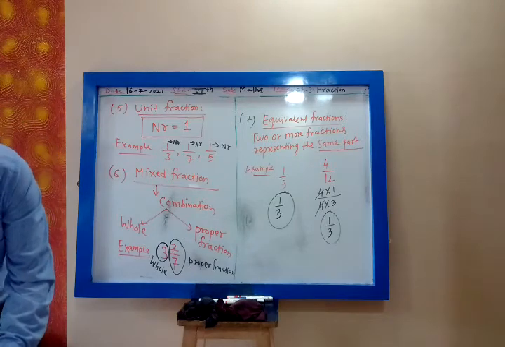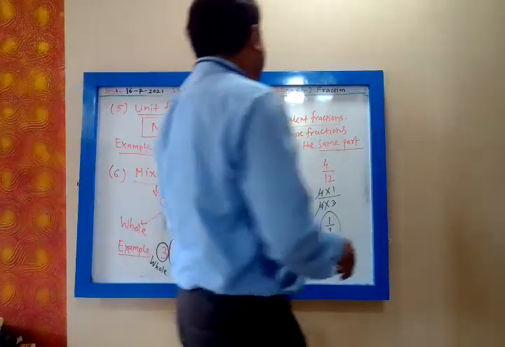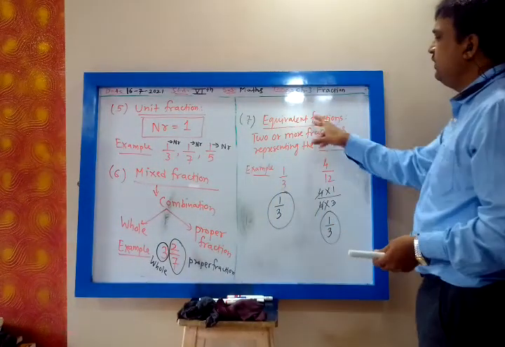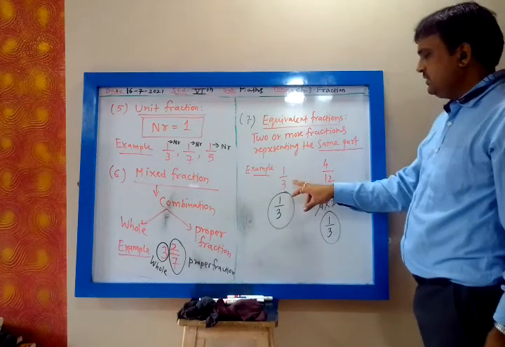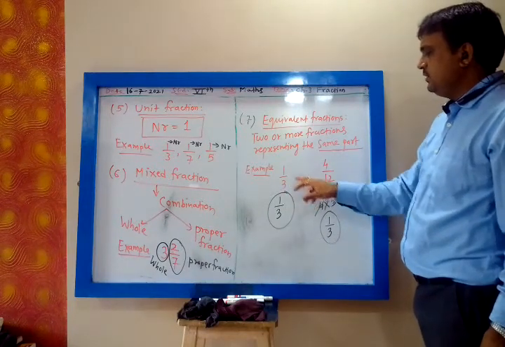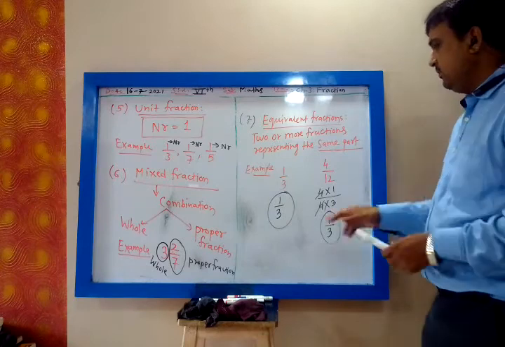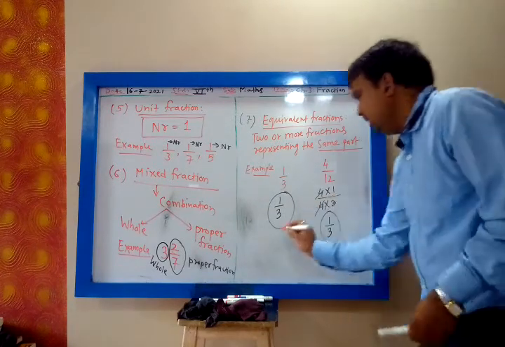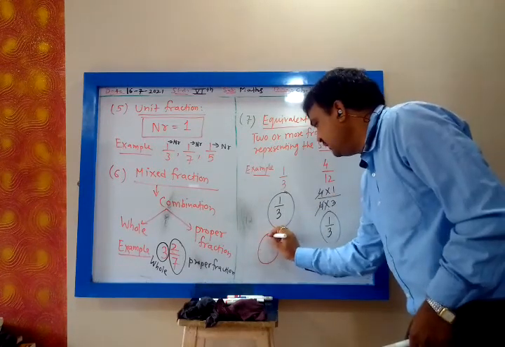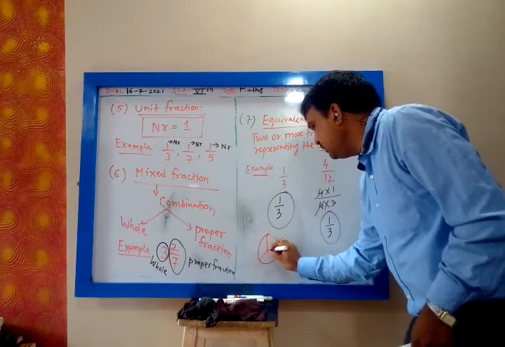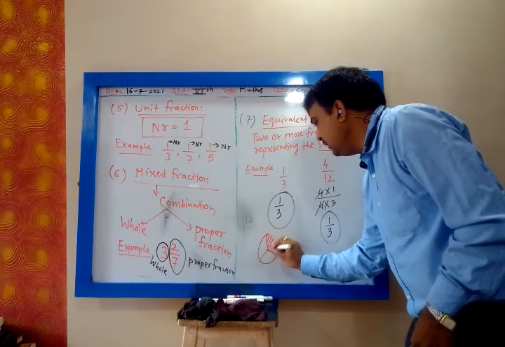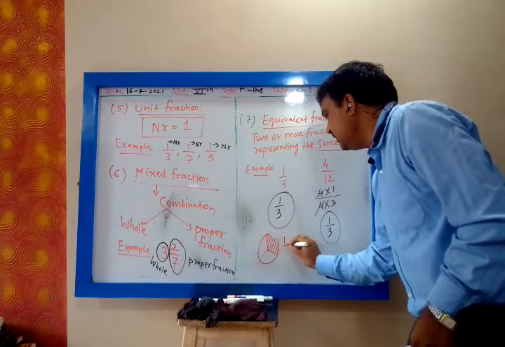Yes, 1 by 3 and 4 by 12, are they equivalent fractions? Yes, we can say they are, because if you take 3 parts, 1, 2, 3, and take one part of that, it is 1 by 3.